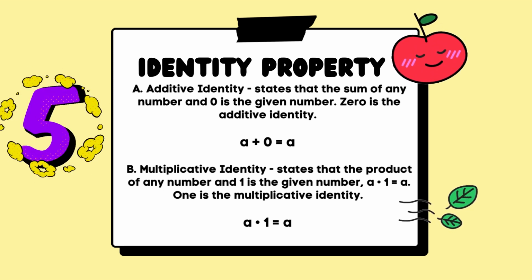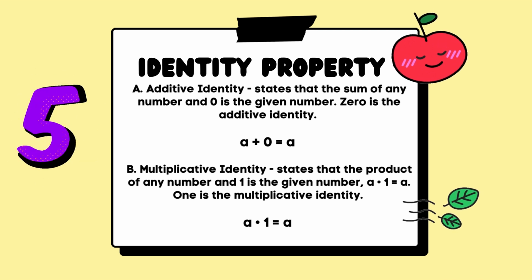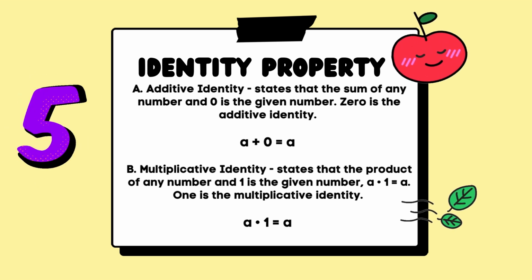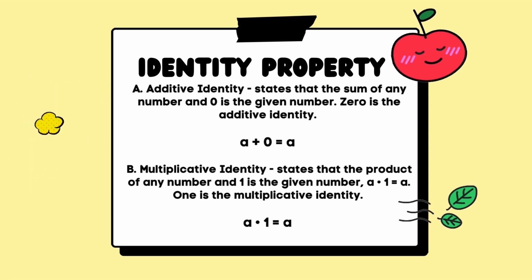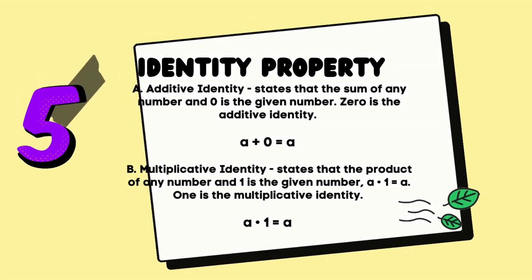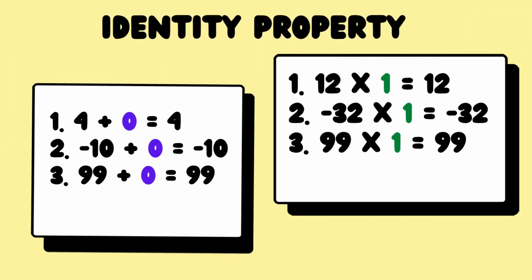So for example, A or any number multiplied by 1, the result will be the number itself. For addition, any number you add to 0, that number will be the answer. Just like for example, 4 plus 0 is 4, negative 10 plus 0 is negative 10.